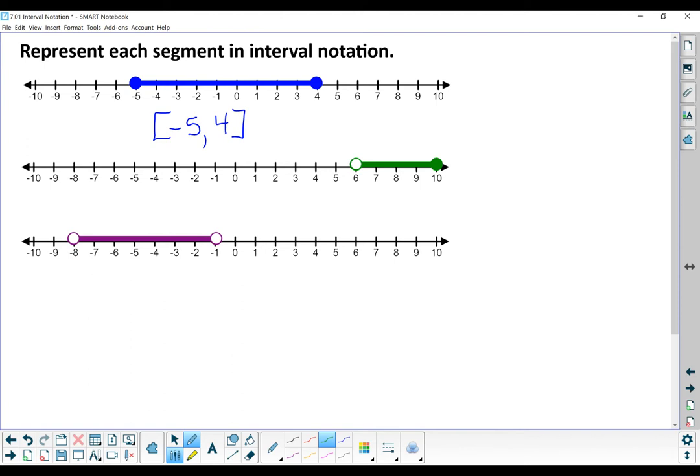Our next example is the interval from 6 to 10, and the 6 is not included, so we'll use a parenthesis on that side. The 10 is included, so we'll use a bracket. Last one, the interval from -8 to -1, we're going to use parentheses on both sides because both of those boundary values are not included.